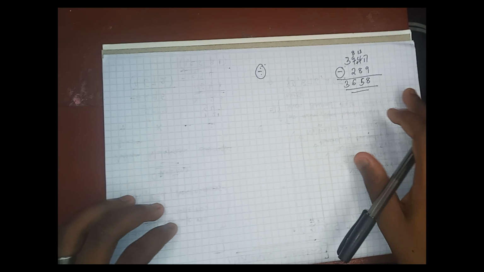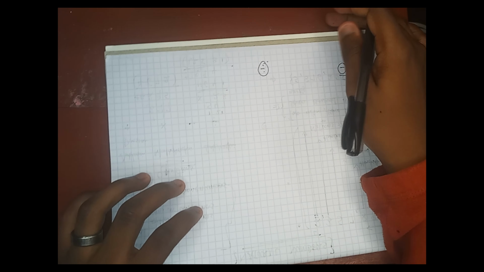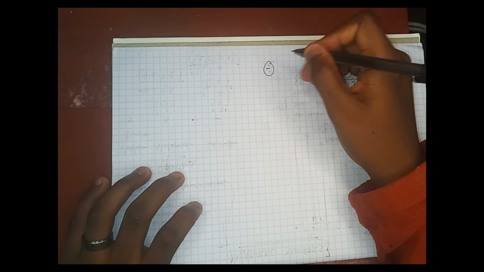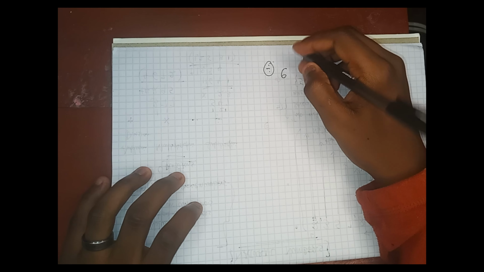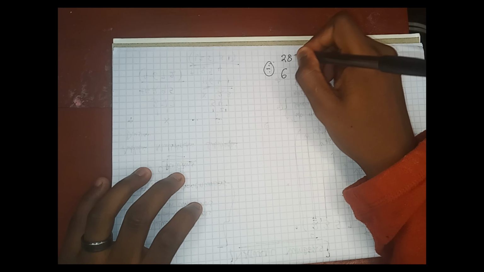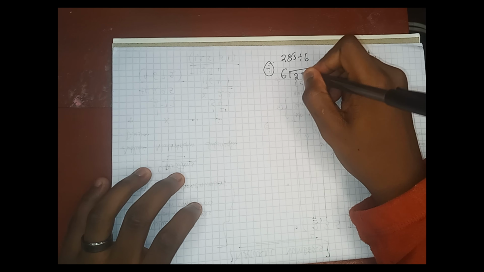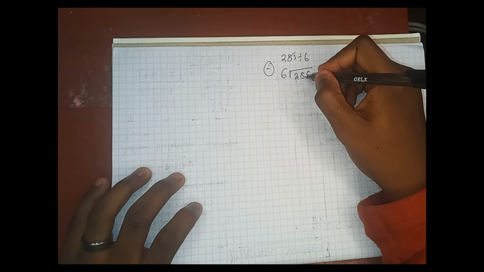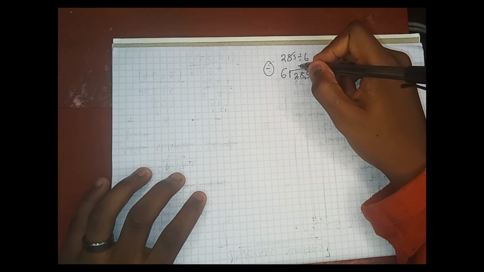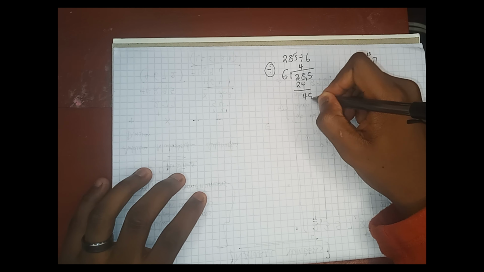So for division tutafanya simple yenye iko na concept of remainder and quotient. So for example 285 divided by 6. 6 can't divide 2, so we consider the first two digits. 6 times 4 is 24, 45.